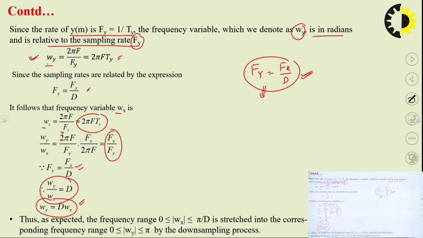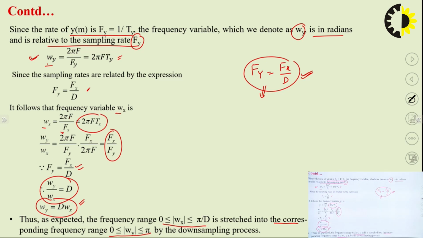It means the spectrum in the frequency domain will be multiplied by a factor of D. Thus, as expected, the frequency range 0 to pi by D of mod omega x is stretched into the corresponding frequency range 0 to pi of mod omega y, meaning the value of mod omega y lies between 0 to pi by the downsampling process. So you can see, when we did the downsampling, what happened? Our spectrum is stretched by a factor of D.